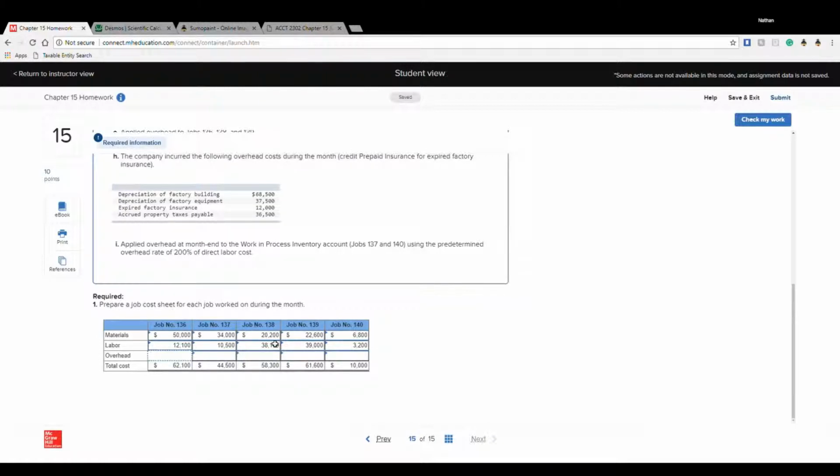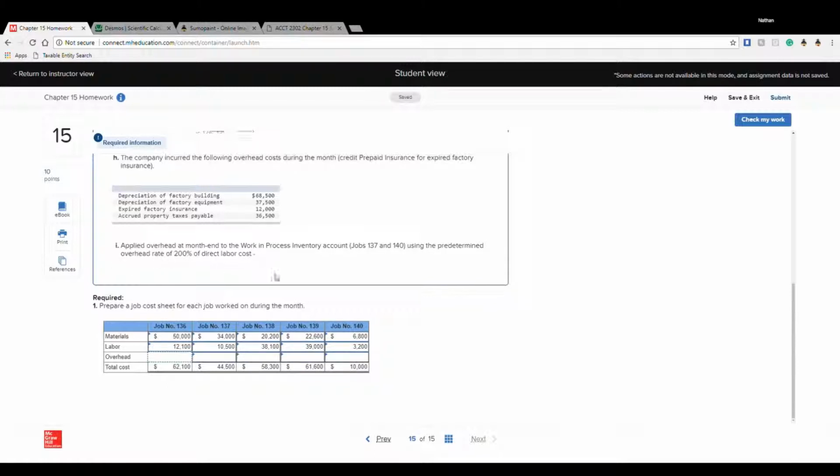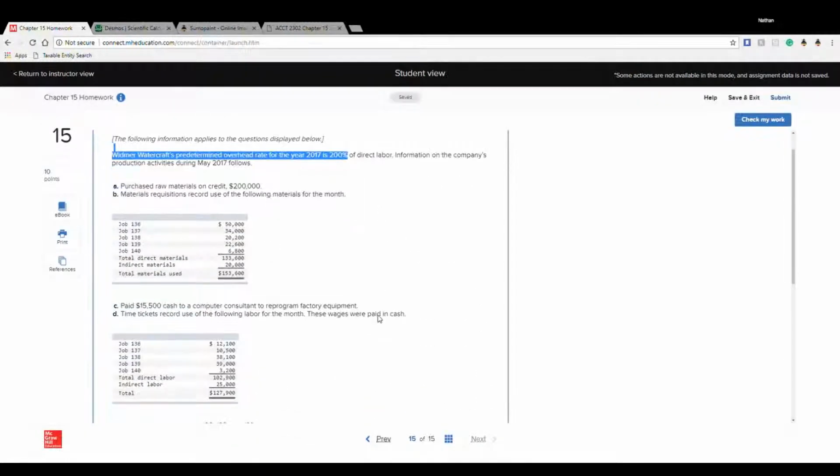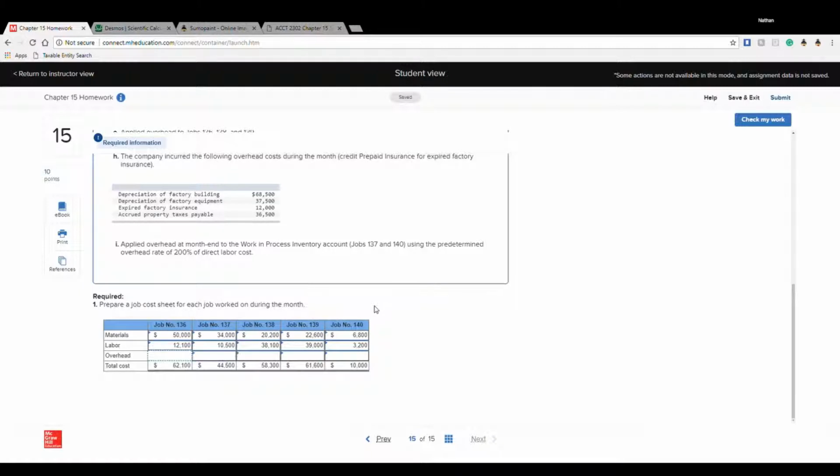So let's find out what overhead is. So we're going to use the predetermined overhead rate of 200% of direct labor costs. It's right there also. So basically 200% is 2, so times it by 2. Now you can use your calculator or you can use mental math.